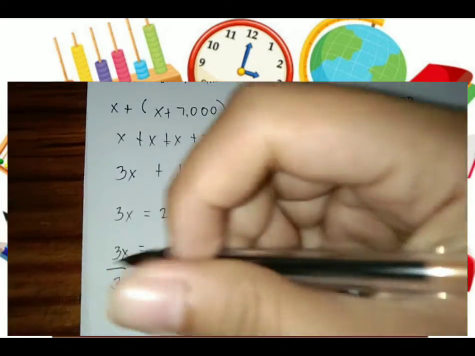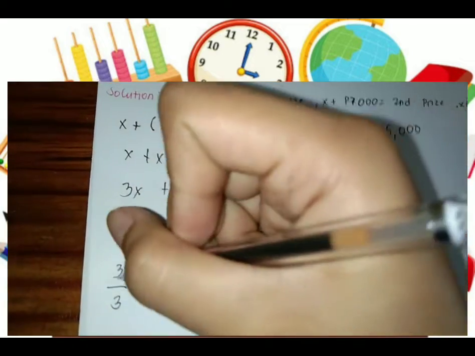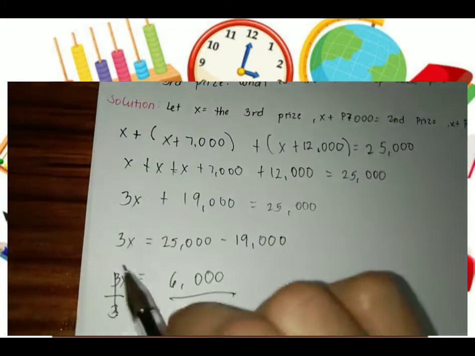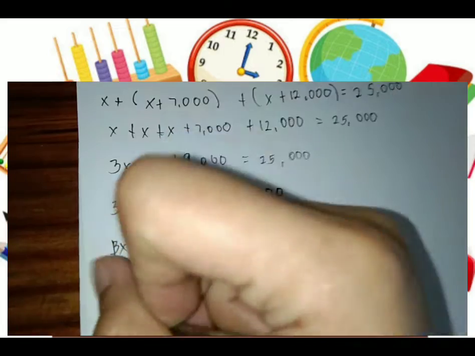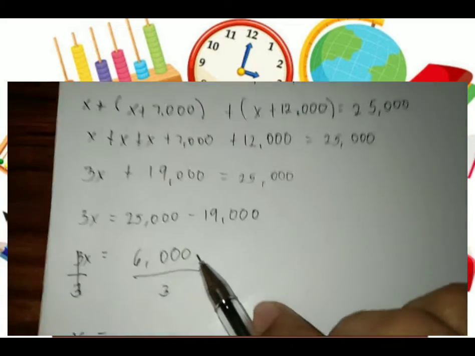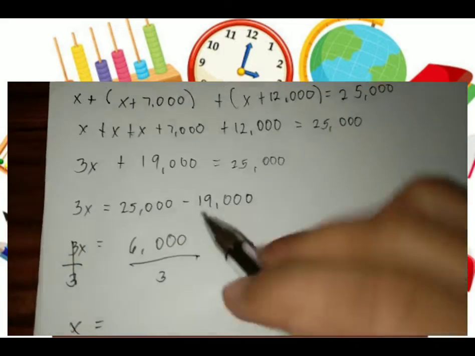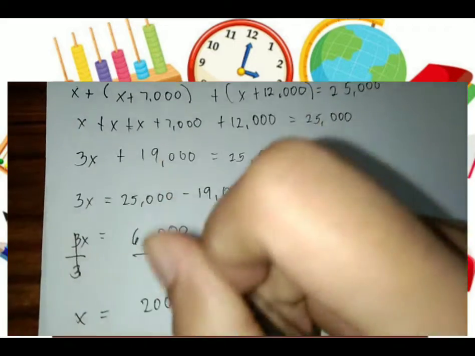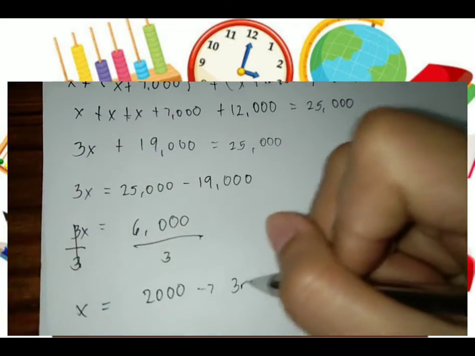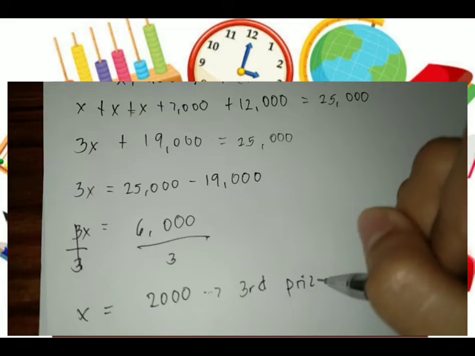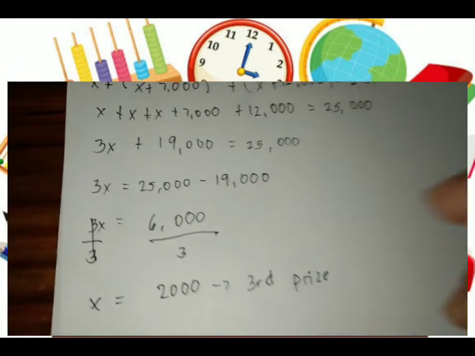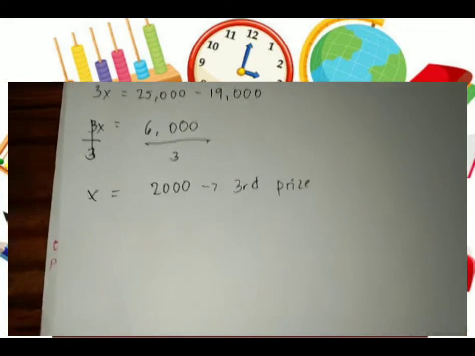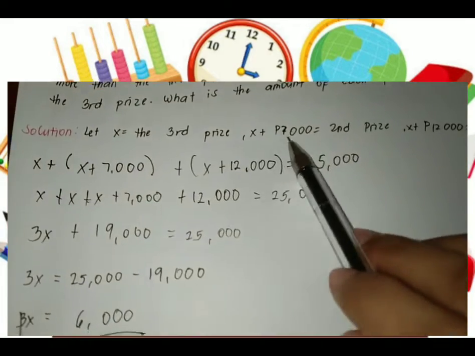We cross out the 3 on the x side, so x is equal to 6,000 divided by 3, which is 2,000. So this is our third prize.